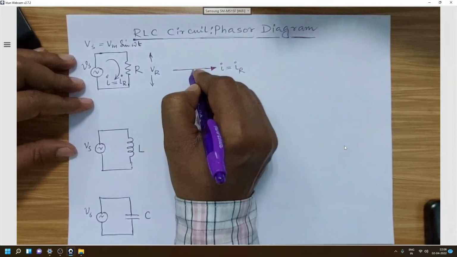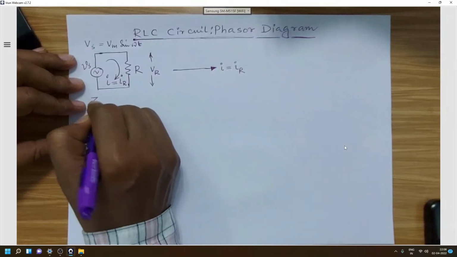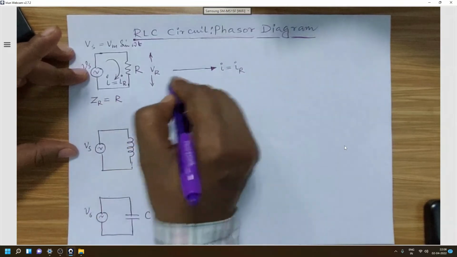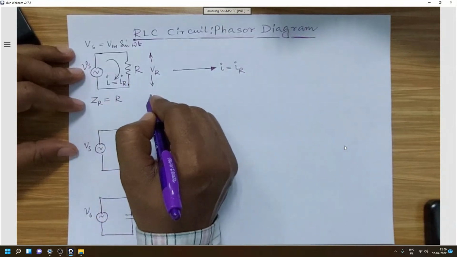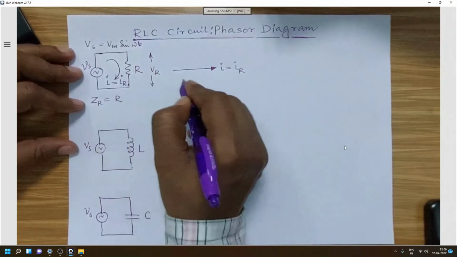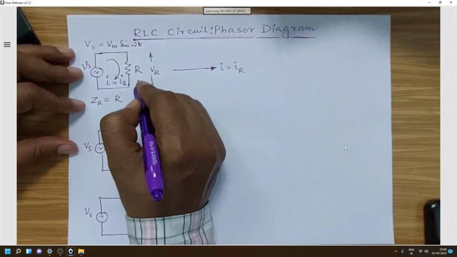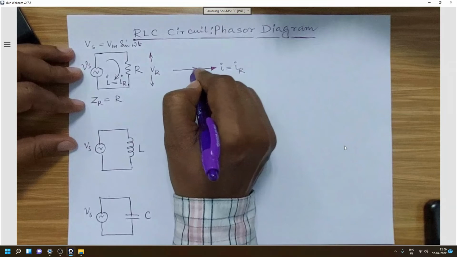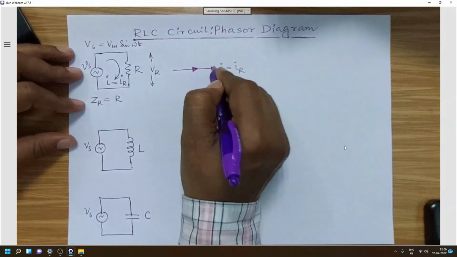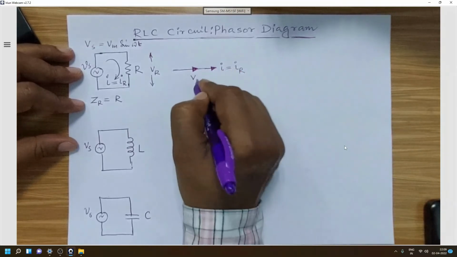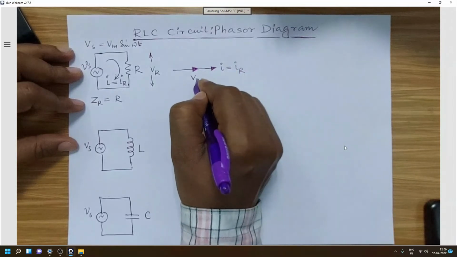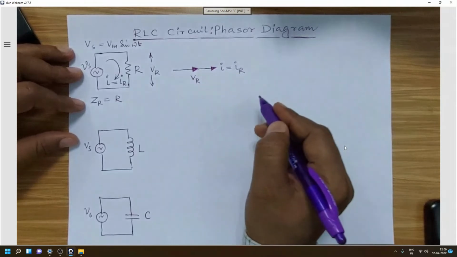Now we know for resistive circuit the impedance of the resistance is equal to the resistance itself, and voltage drop across the R is frequency independent, and it is nothing but IR, and hence the phasor will be lying in the same phase with the current, because the phase displacement for the voltage and current for a pure resistive circuit is 0. So this is our phasor diagram.